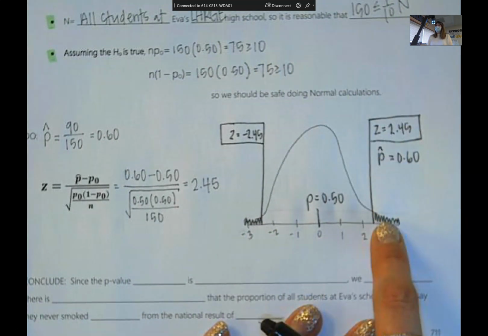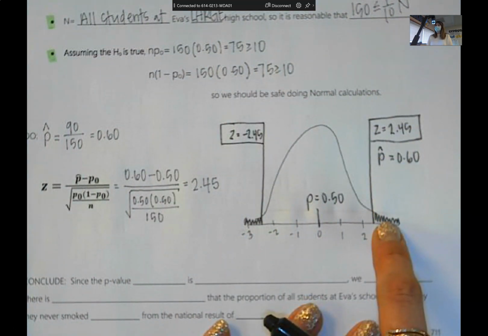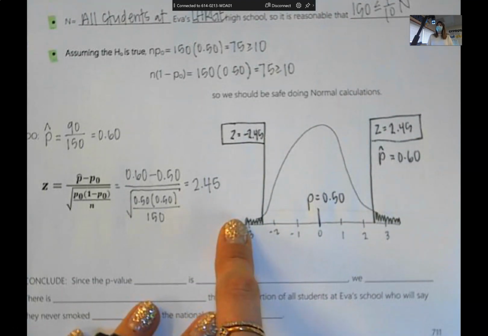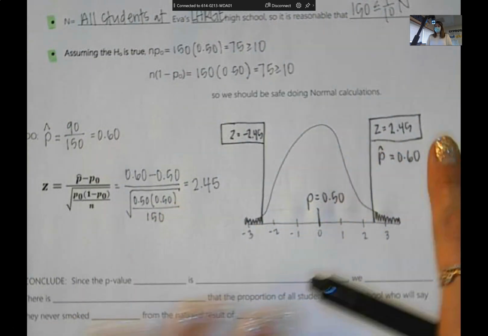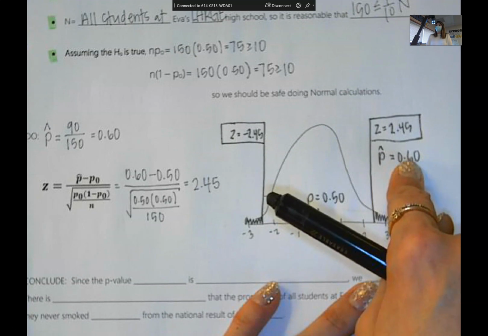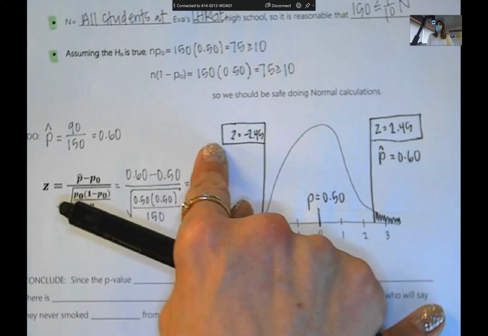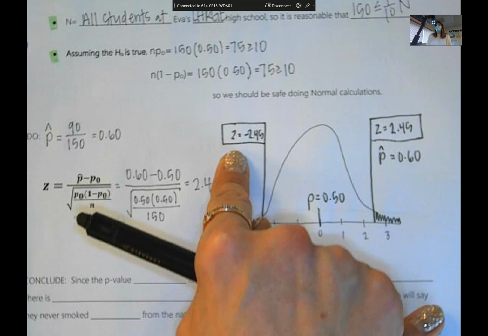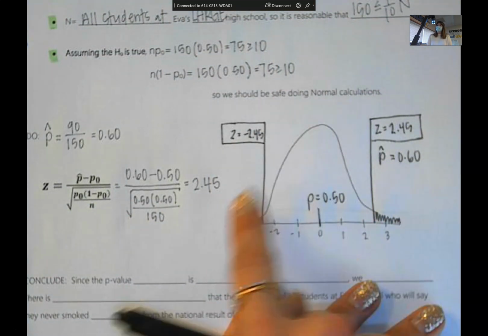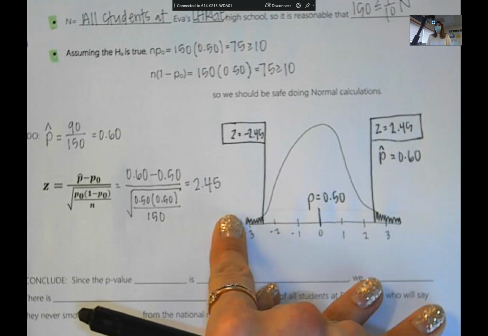This part that I have shaded in here is the probability I would get the sample that I got or more. This probability is that I would get the sample value that I got or less. So as big or bigger than my sample, as small or smaller than my sample. So this takes care of if it's greater than 50, this takes care of if it's less than 50.